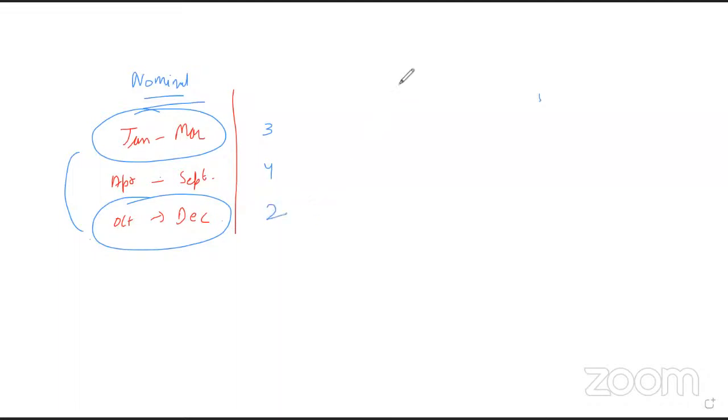Now if we want to compare any 2 individual students, like student 1 and student 4, and if one falls under January to March and the second falls under December, then student 1 will be older. Now we cannot compare.